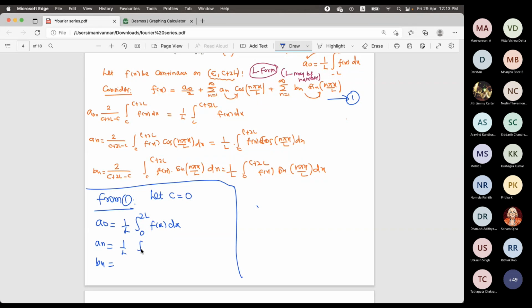Yes, sir. Okay, so this is f of x cos(n pi x / L) into dx, this is 1 by L. This is for your understanding purpose, and these are the formulas. So 1 by L, 0 to L.